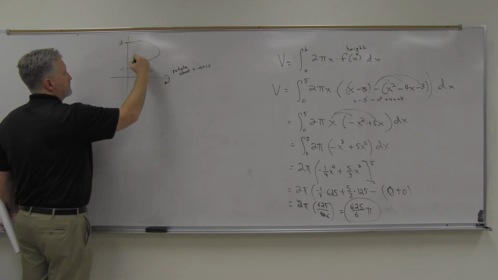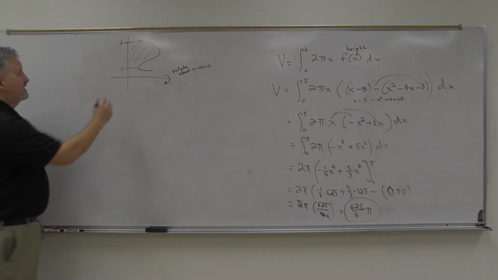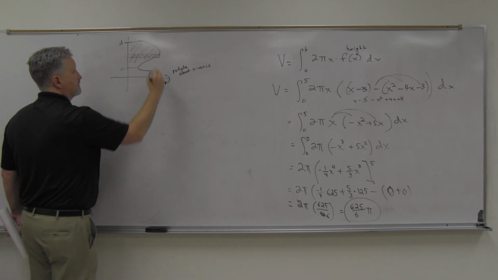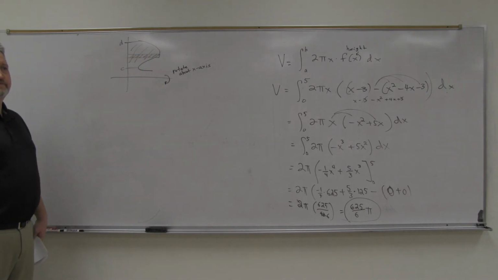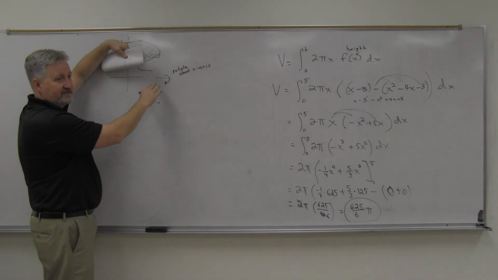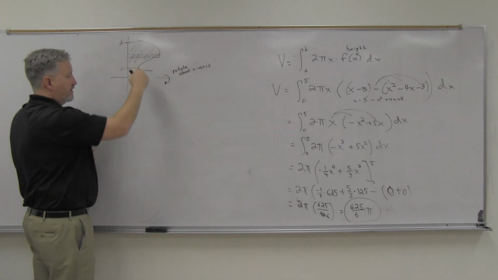So we're rotating this region here about the x-axis. That makes sense that it would be integrate with respect to y. Well, typical rectangle parallel to the axis of rotation, that's shell method. And so this one, integrate with respect to y.